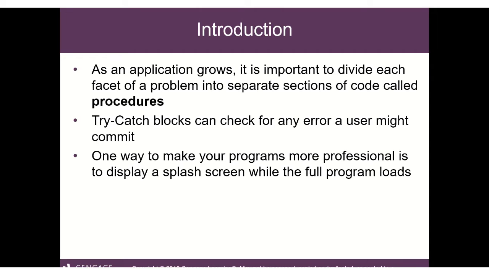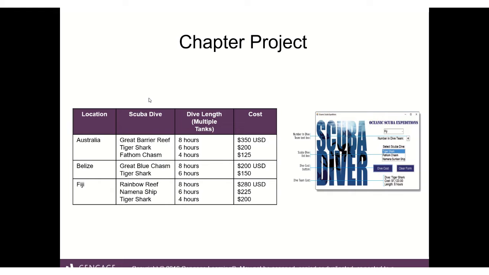Whenever that exceptional scenario happens, and you never know when it happens because it depends on the user, exceptions are thrown with appropriate error messages. One way to make your programs more professional is to display a splash screen while the full program loads. So this is our chapter project, which we will cover in the lab.